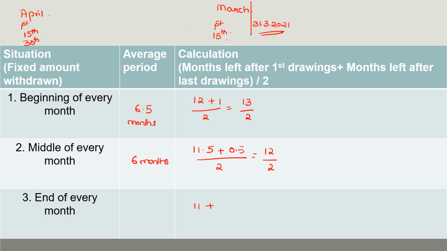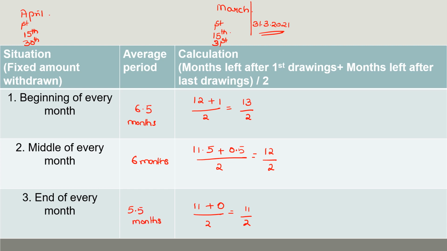Plus the last drawing would be made on the last day of the March month, that is 31st March. Therefore, it is ending 31st March and withdrawn on 31st March, so 0 months divided by 2. So 11 by 2, or it is the same as 5.5 months.